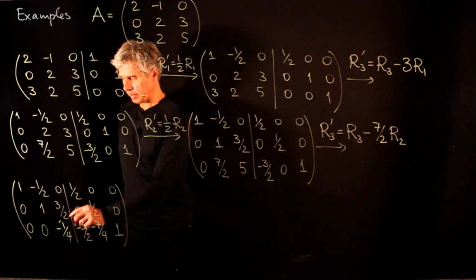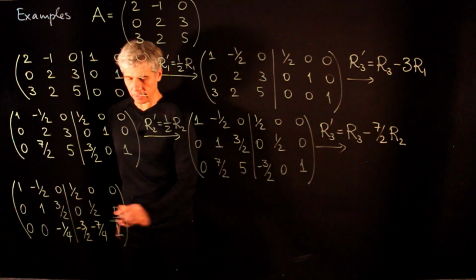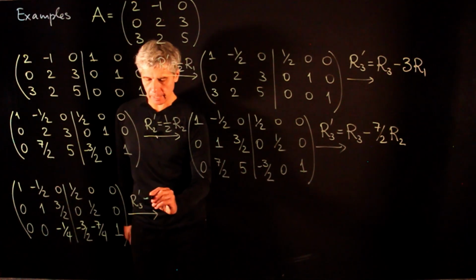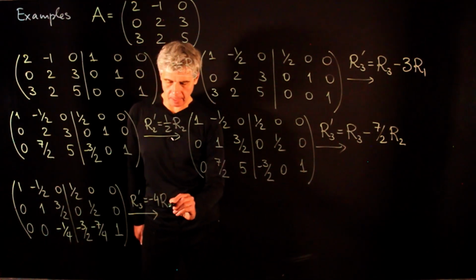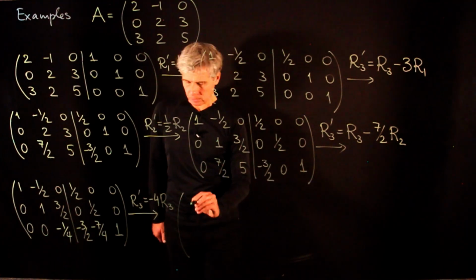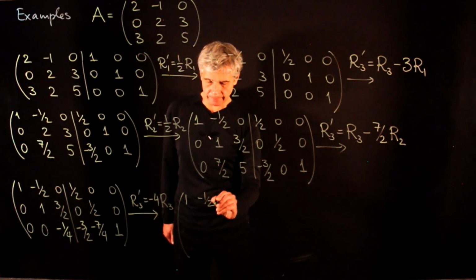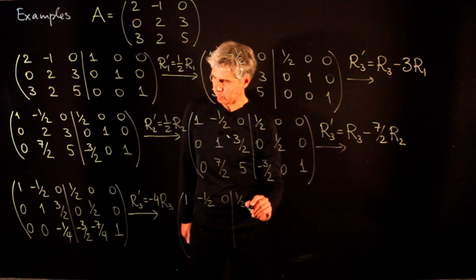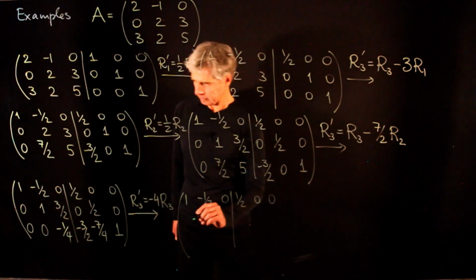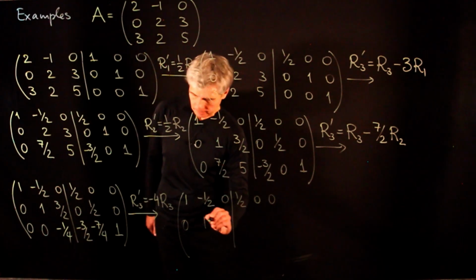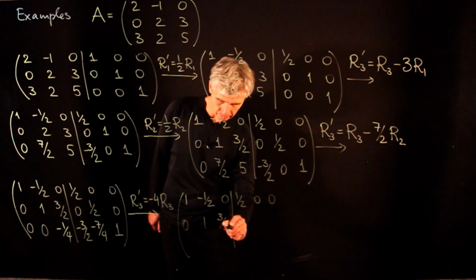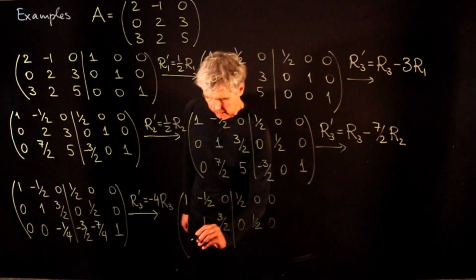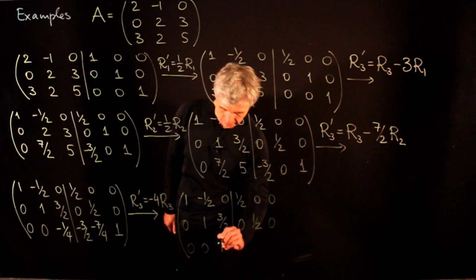Now to create a pivot in the last row, we multiply the last row by -4. So we say row 3 new is -4 times row 3. So we get 1, -1/2, 0, 1/2, 0, 0, then 0, 1, 3 halves, 0, 1/2, 0, and 0, 0, 1.